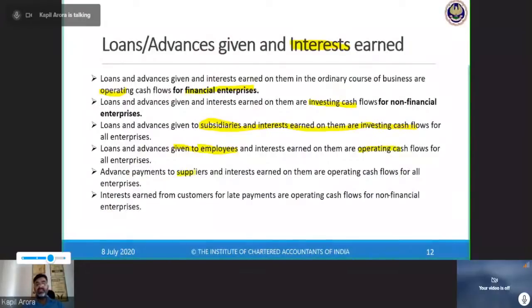Advances given to the suppliers, because again suppliers are nothing but the trade payables, or vendors. When I am giving something to them, they are related to my operations. Any interest earned or payment given to suppliers will always fall under the operating cash flows.